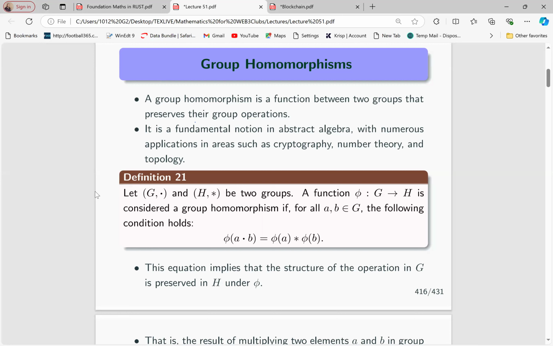So the function phi, that maps G to H, this is how it's read. This is phi.